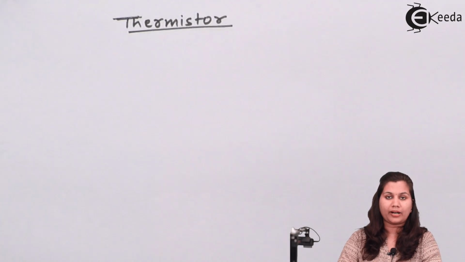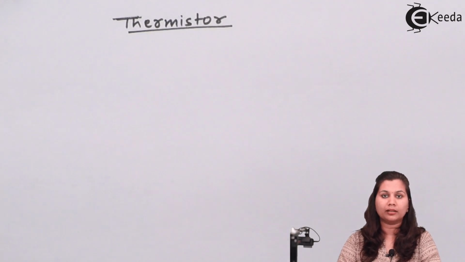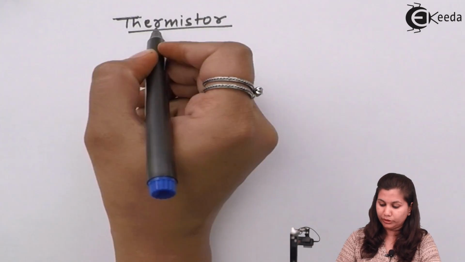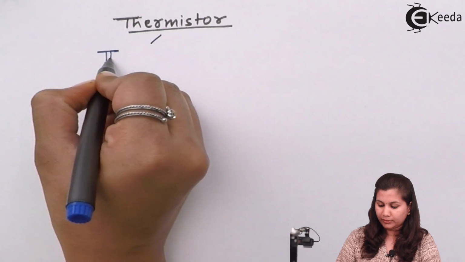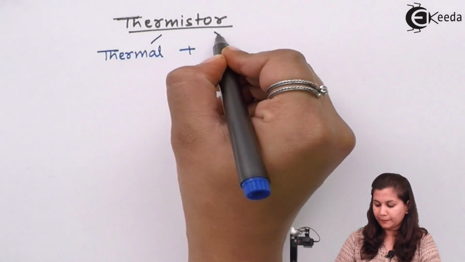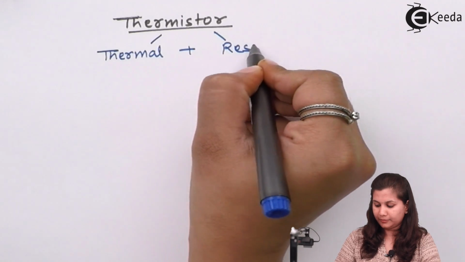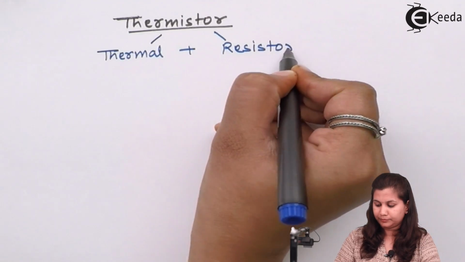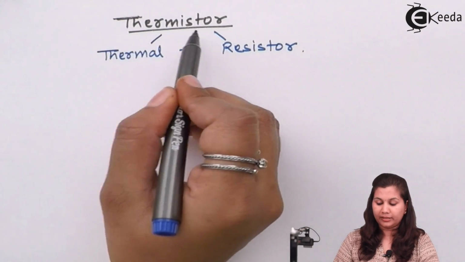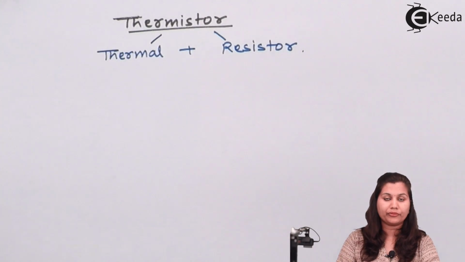Thermistor, it is the contraction of the term thermal resistor. So we can say that it is made of two terms, thermal plus resistor. So we can say that thermistor is a special type of resistor whose resistance changes with the change in the temperature.